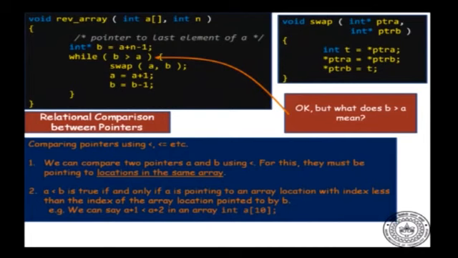Okay. Similarly, when we are comparing two pointers using greater than or equal to, less than or equal to, then A and B should be pointing to the same array, different locations in the same array. If that is true, then A is less than B if A is pointing to a location which is before B in the same array.